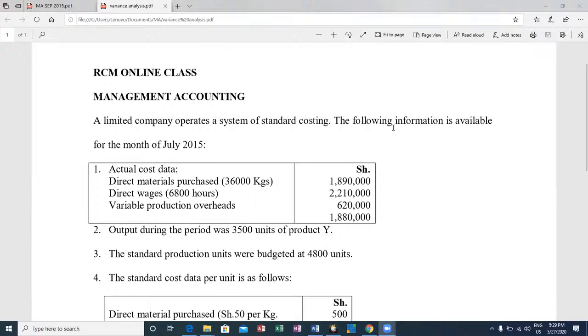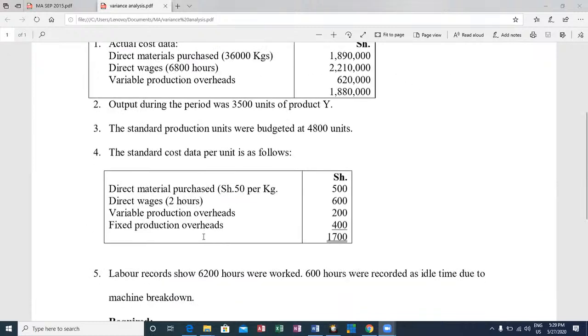So the standard cost card, they have given us materials. Please go to the standard cost card, the one that is given on note number 4. If you could scroll a little bit, you'll be able to see the standard cost card, of which I'm interested in only 2 things for now.